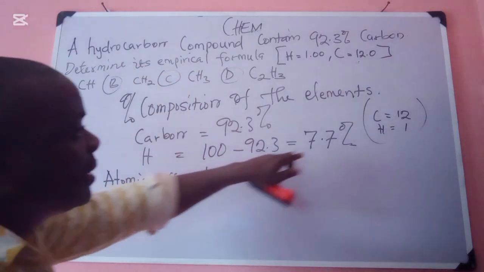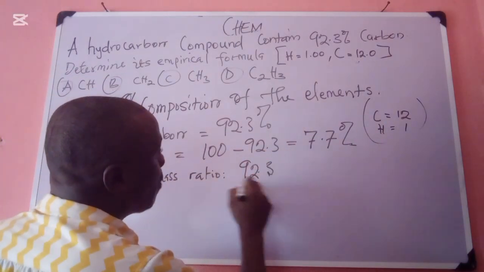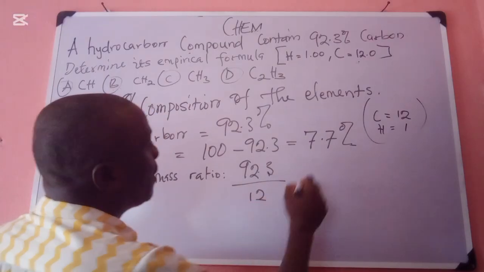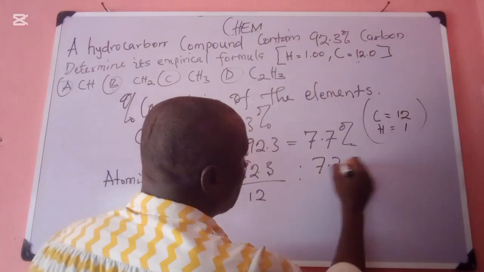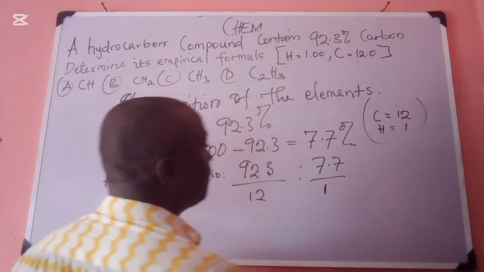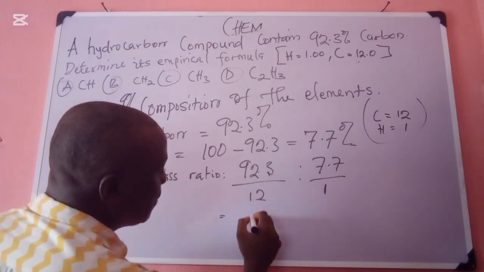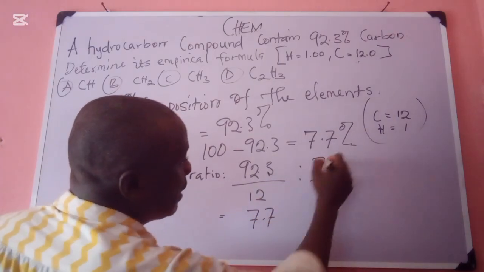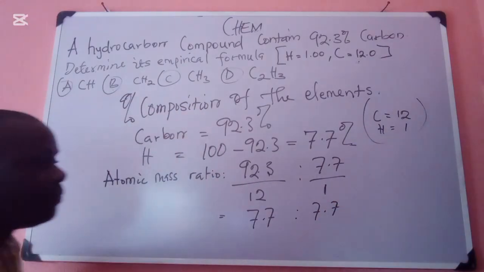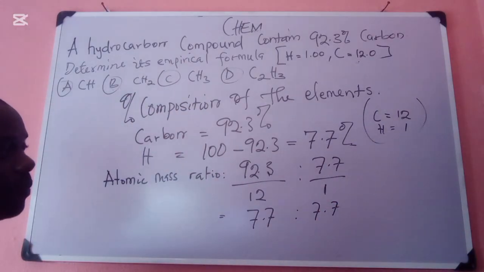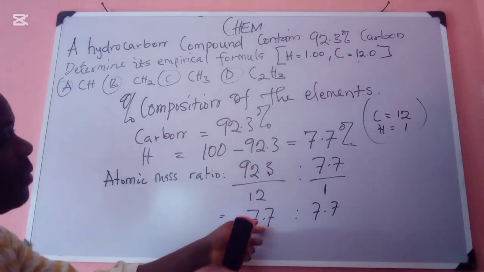Now we divide 92.3% over 12, then 7.7% over 1. If we do that, this divided by this gives 7.7, and this divided by this gives 7.7. So at this point, we've arrived at the mass ratio of 7.7 to 7.7.